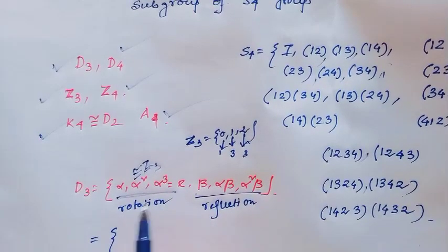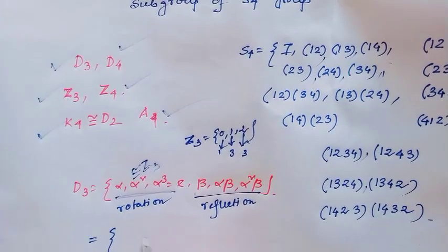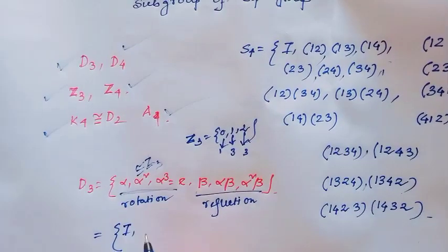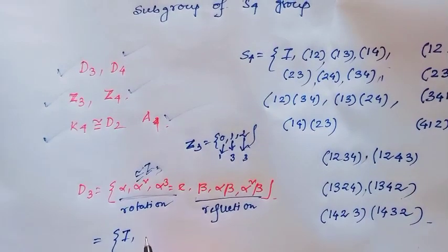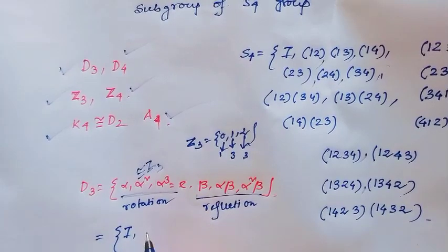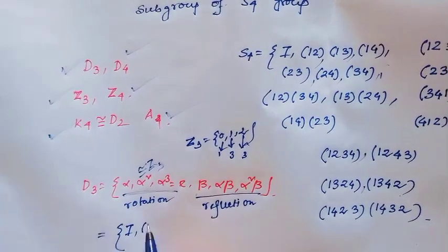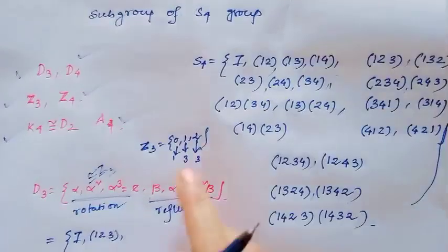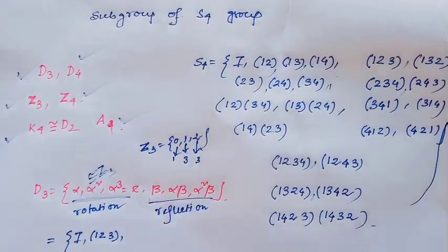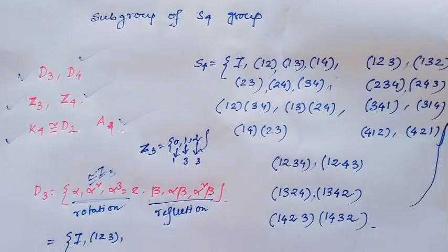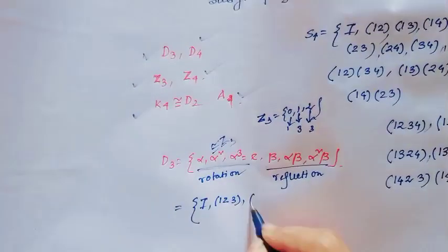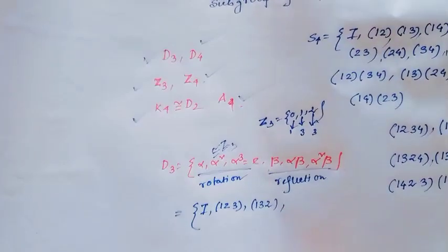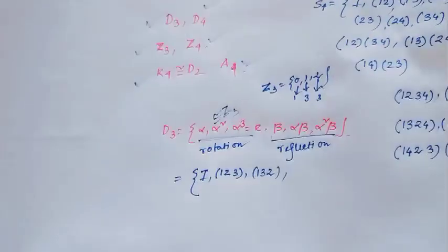So this would be of this type: identity, and the elements of order 3, (1 2 3) and the inverse of (1 2 3), which would be (1 3 2). And the other part is the reflection.